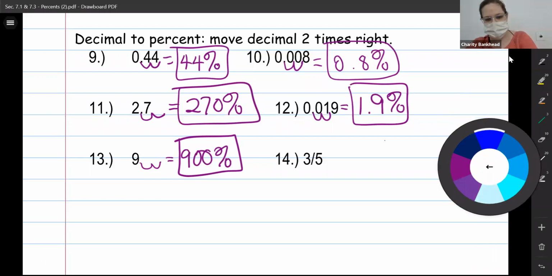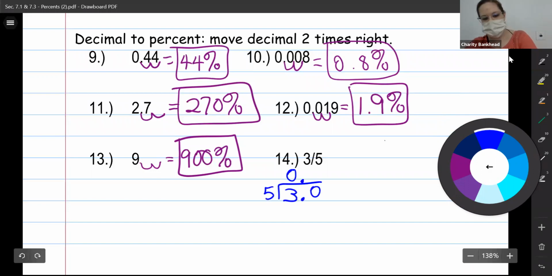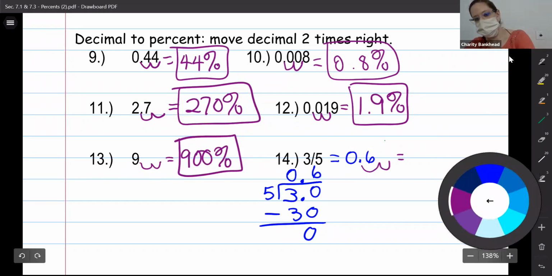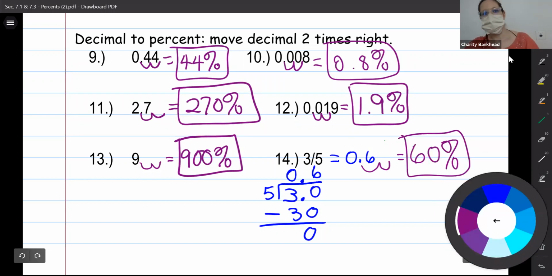So 5 goes into 3 6 times exactly... so 3/5 is equal to 0.6, and then move the decimal point 2 times to the right. So that makes it 60%. Any questions?